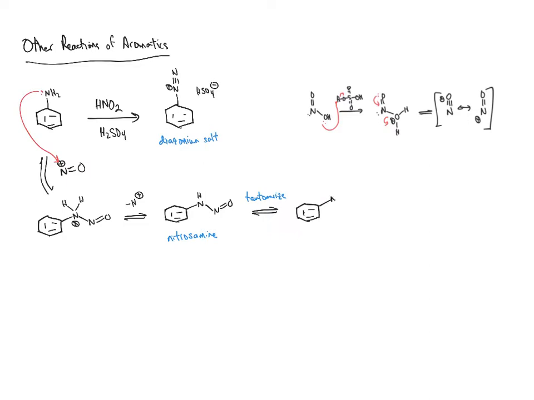The tautomerism gives us this species, and look what we have. We have a nitrogen-nitrogen double bond. What can happen next is that we can get another proton to attack. The proton attaches to the oxygen lone pair, and then we get a good leaving group.